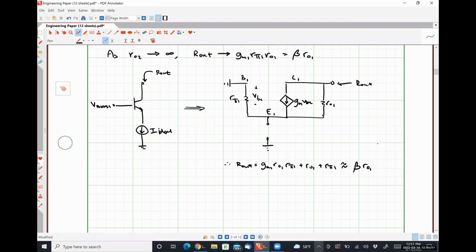So what is the maximum output resistance for the circuit that we've been dealing with, our simple BJT current source degenerated by an ideal current source, right?